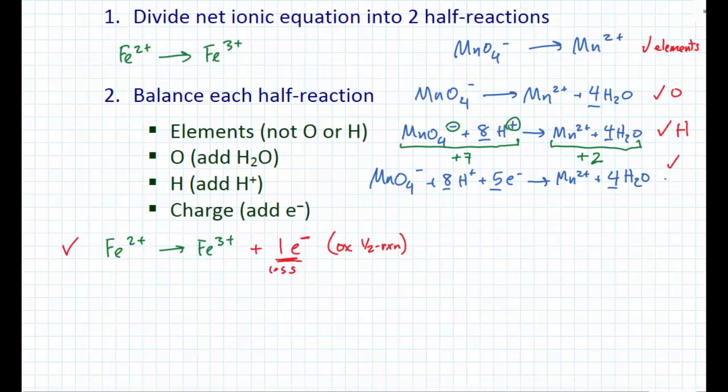Check mark. There we go. Let's just call that pluses and minuses. We are plus 2 on the left and plus 2 on the right. Okay? So now we have two balanced half reactions.